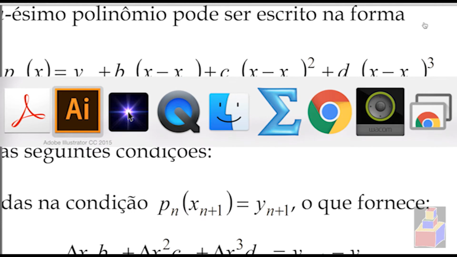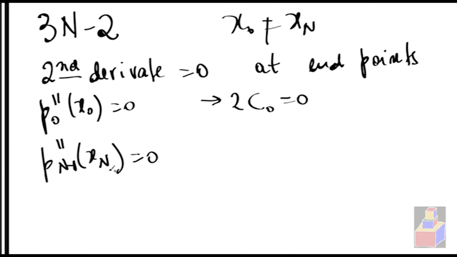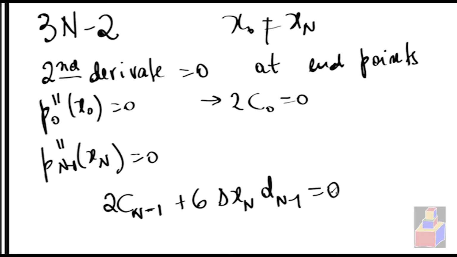So 2 times Cn minus 1 plus 6 times delta xn dn minus 1 equals 0.